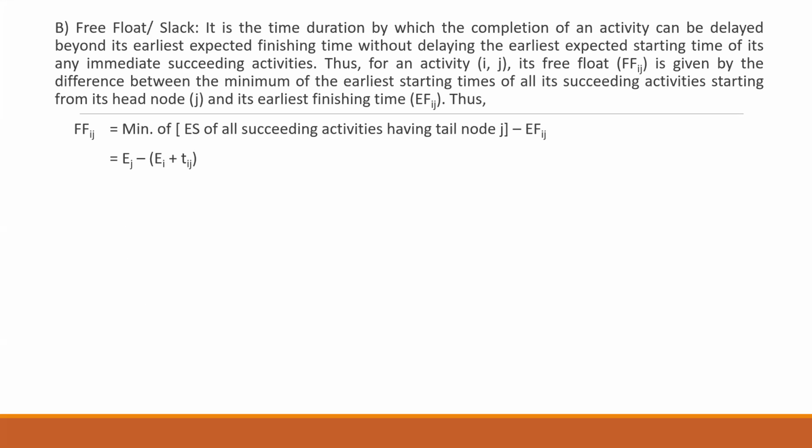This can also be written as Ej minus Ei minus tij. So when we open this bracket, you can write FFij equal to Ej minus Ei minus tij.